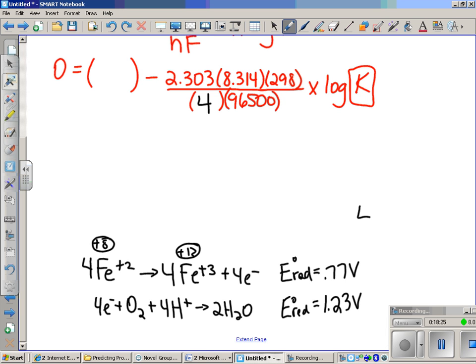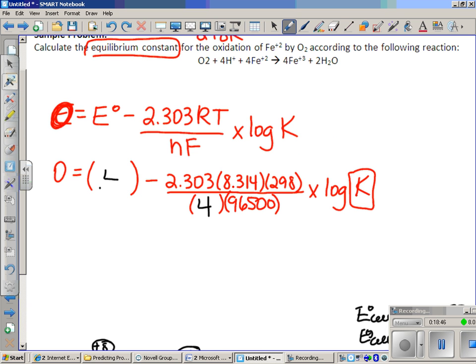And we know that the standard cell potential is going to be the one reduced minus the one oxidized. So when we do that, we get a difference of 0.46 volts. So now that we have that 0.46, come back up here, plug in 0.46, and now it's a matter of some math.